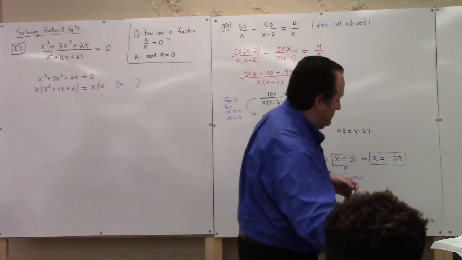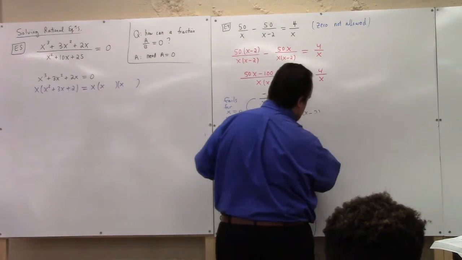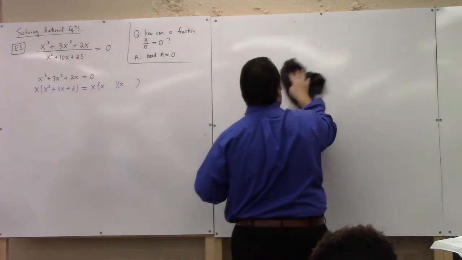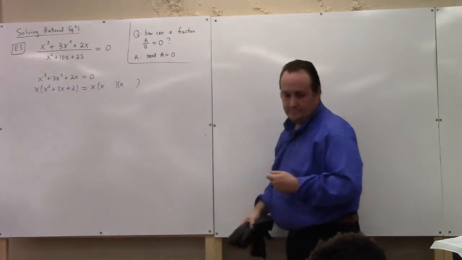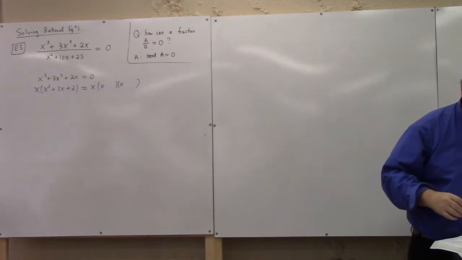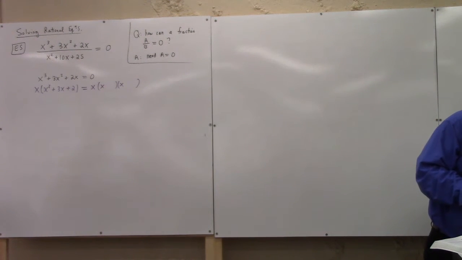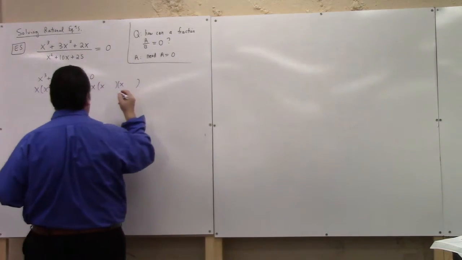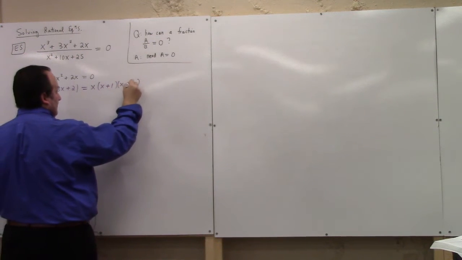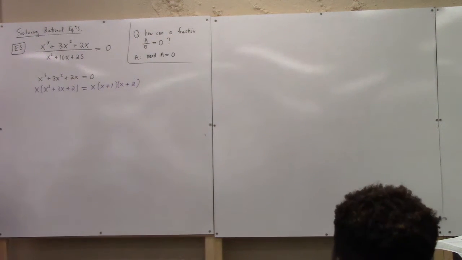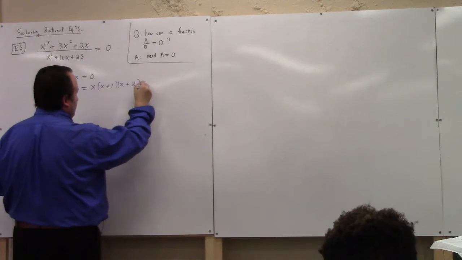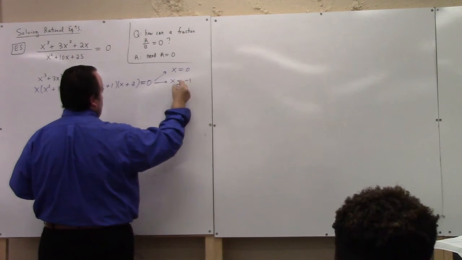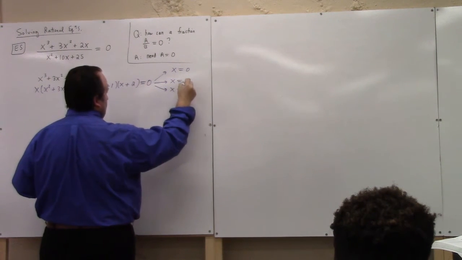Figure it out. So we got x plus 1, x plus 2? All right, good. So then what? Well, that's equal to 0. How can this be equal to 0? What's that tell us? It tells us either x is equal to 0, x is equal to minus 1, or x is equal to minus 2, right?